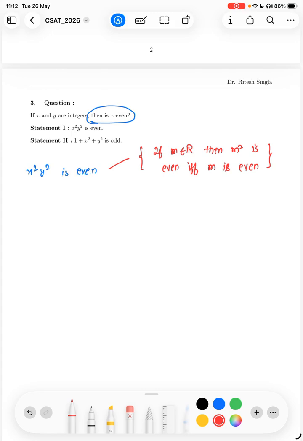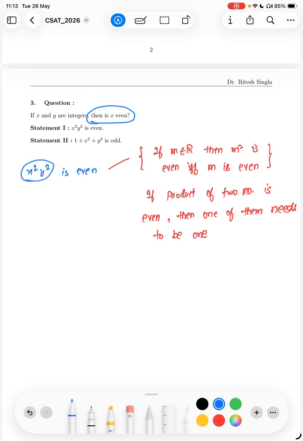Okay, and if the product of two numbers is even, then at least one of them needs to be even. These are very basic results of real analysis. I should not really call them results. These are basic observations. Okay.